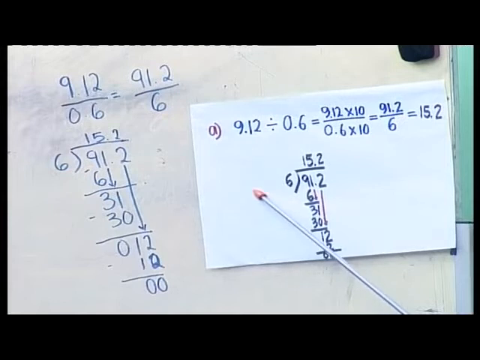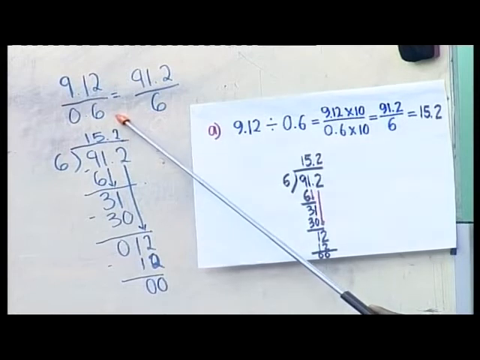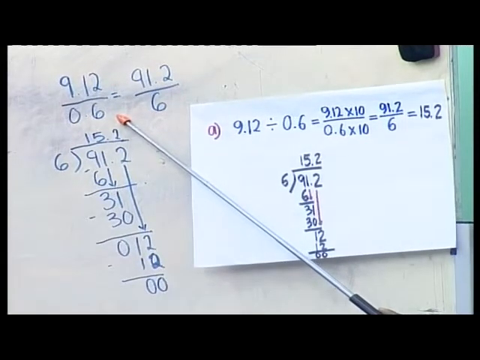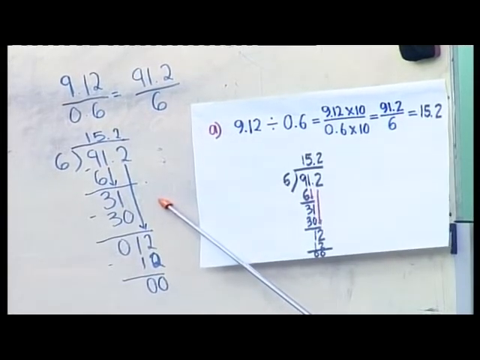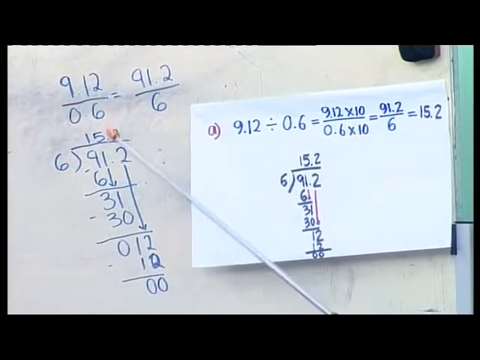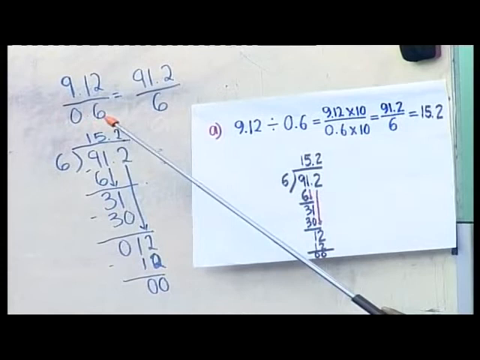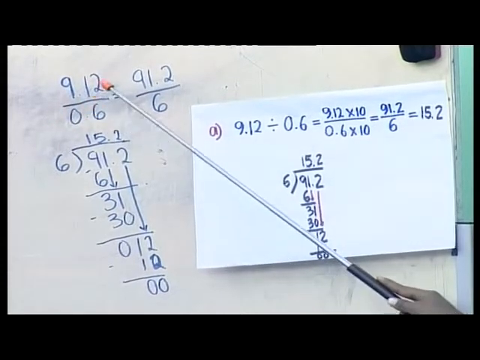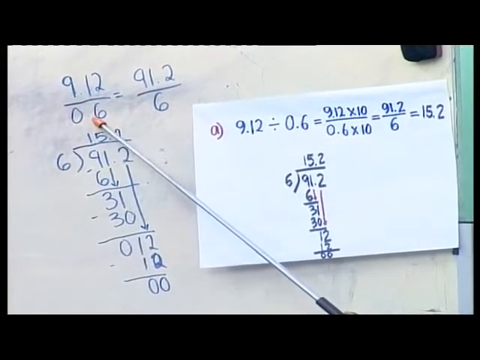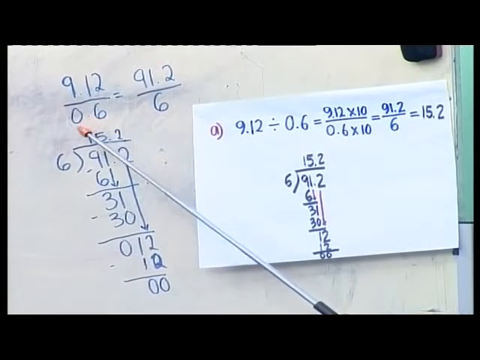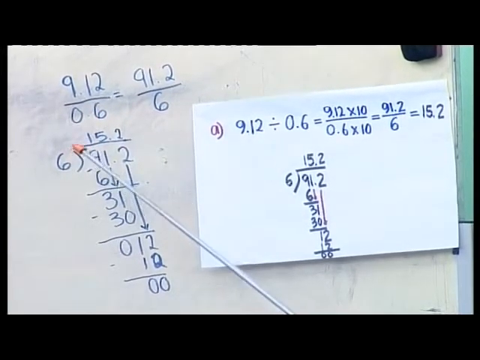The first thing you do, you will place the question using a fractional bar where you have the dividend as the numerator and the divisor as the denominator. The next thing you will do is you will change the divisor to a whole number.